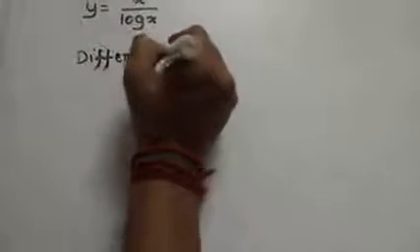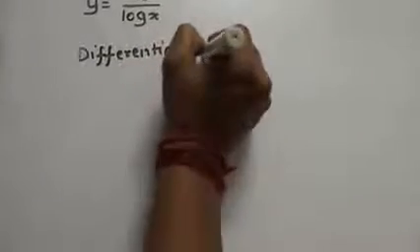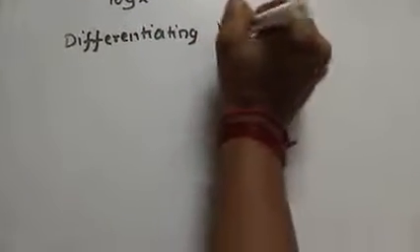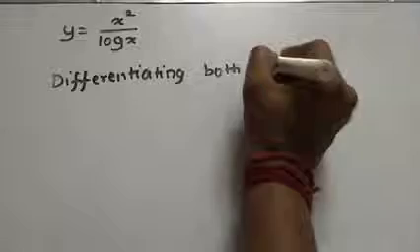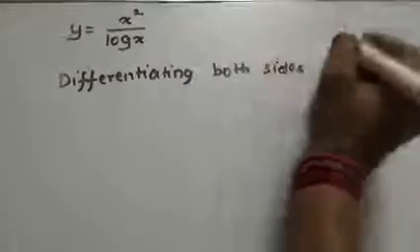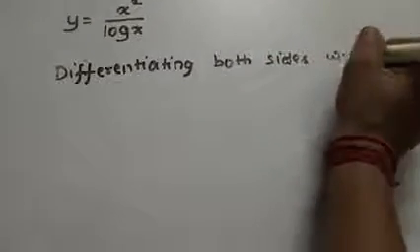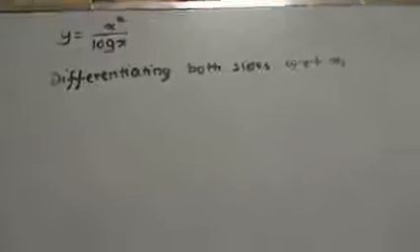Okay, the next question is y equals x square by log x. So again, in the same way, first of all you have to write differentiating both sides with respect to x.